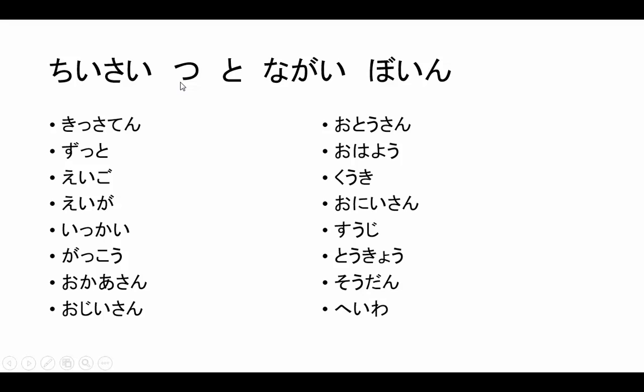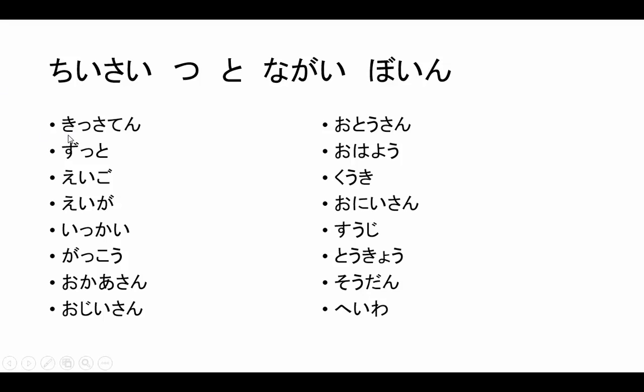So chiisai tsu is the small tsu. Remember, that's the pause sound that we talked about last time. And nagai means long. Boin means vowel sounds. So long vowels and the small tsu, which is like a chopping it short kind of sound. So these are some contrasts too.